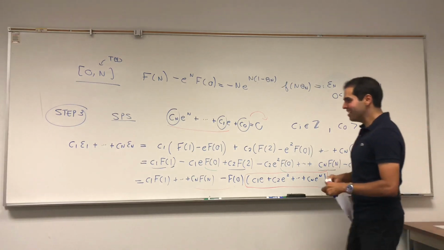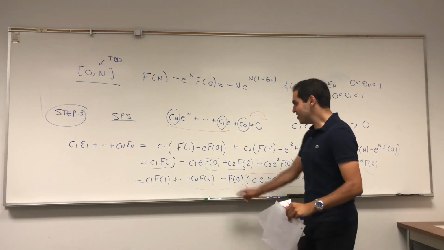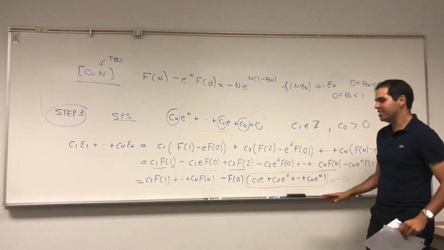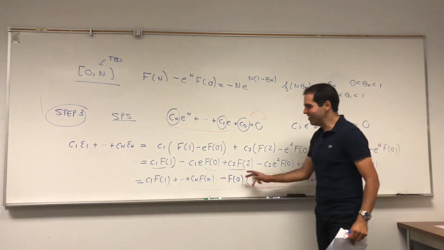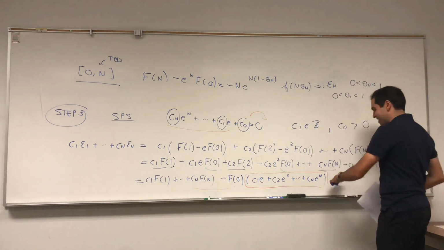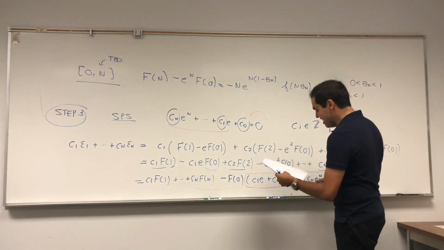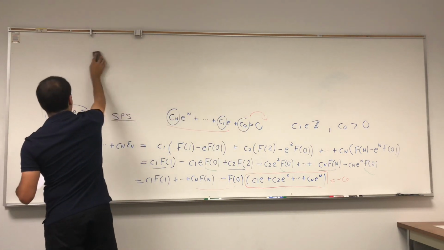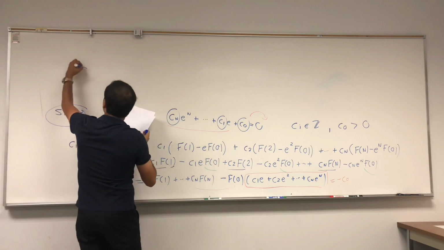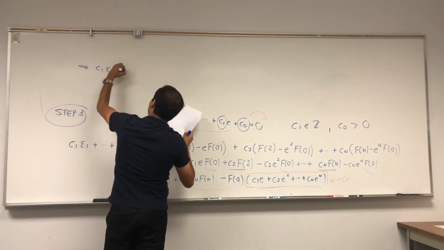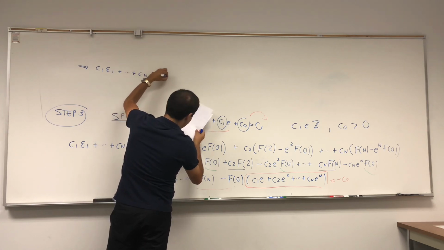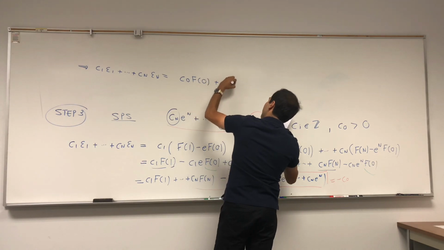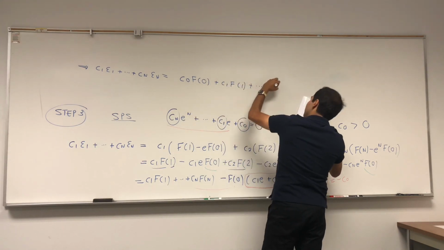So it turns out this weird term actually groups pretty nicely with this term, because minus C0 times minus f of 0, that's just C0 f of 0, which just sticks around at the head of this. So what we get in the end is that if you take this linear combo of epsilon i's, C1 epsilon 1 plus blah blah blah plus Cn epsilon n, that's just the same thing as C0 f of 0 plus C1 f of 1 plus dot dot dot plus Cn f of n.